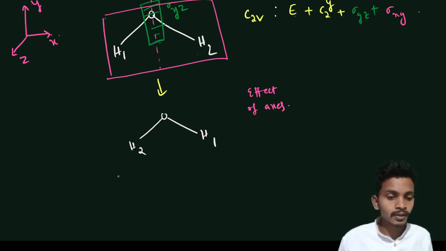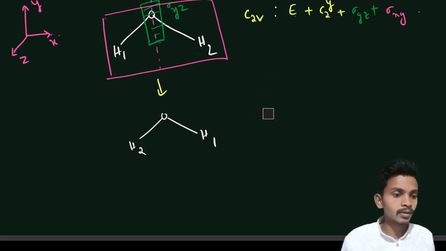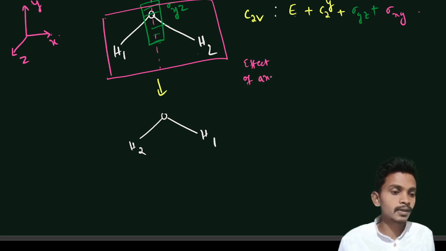Let's say that we can do here, effect of axes. This is not so important, just for this. After that we can take the other way also, just we will take one way.